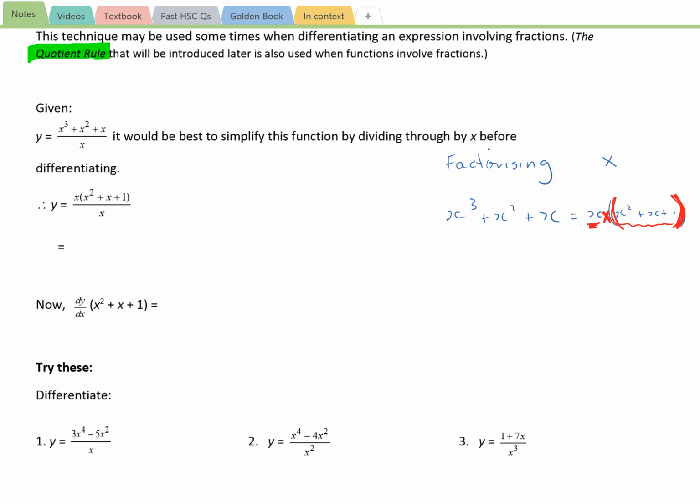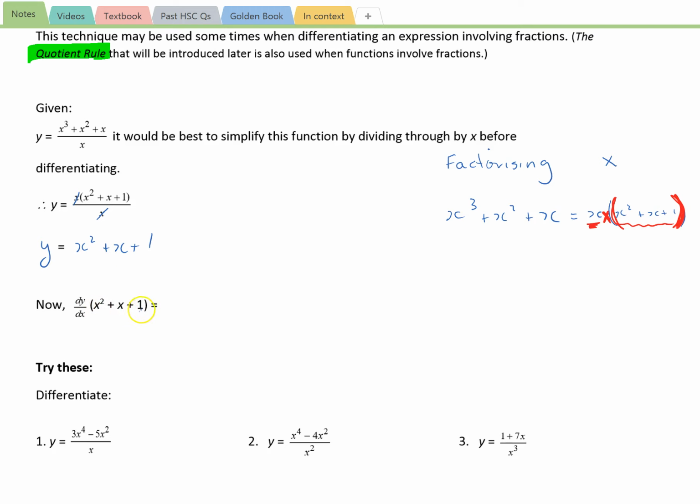So back to over here, I've factorized the numerator. Now I've set it up with the multiplication between this locked in term in the bracket and that x. So the x cancels, and really we have y is equal to x squared plus x plus 1. And to differentiate, do dy by dx of x squared plus x plus 1 is very simple.